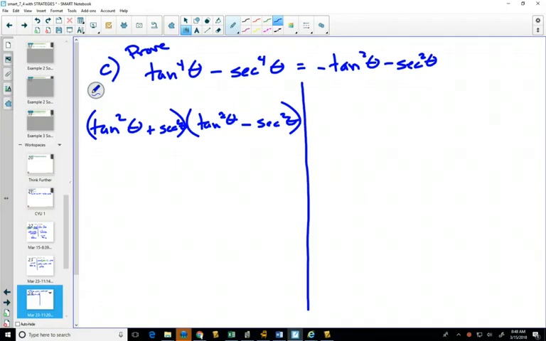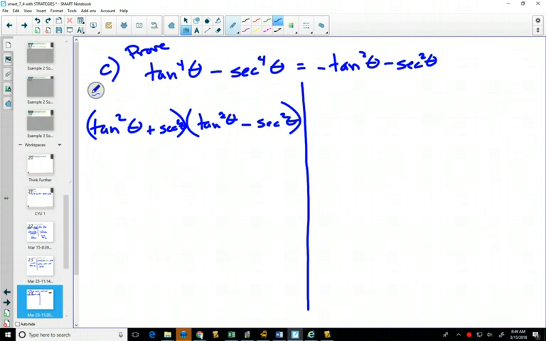What's nice about what we just did here is that we were able to now write both sides as tan squared and secant squared. But we still see on the left side that the left side is more complicated and bigger than the right side. So at this point, I'm going to look at tan squared plus secant squared, tan squared minus secant squared, and the negative tan squared and the negative secant squared.